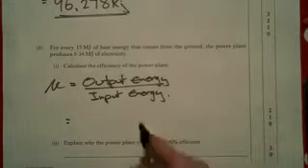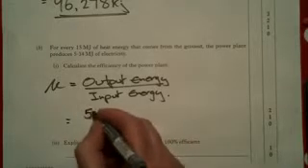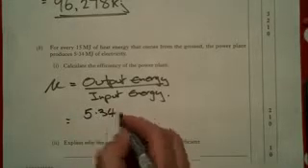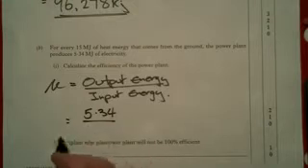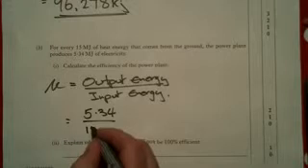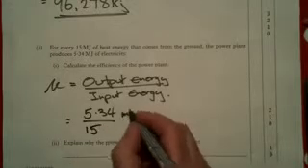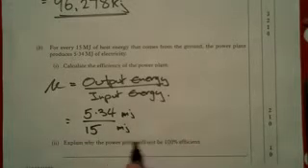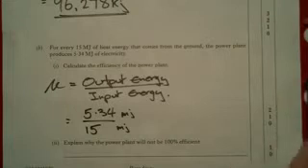The output energy is 5.34 because that's the output energy of the plant, and the input energy to the plant is what comes out of the ground, which is 15. Don't forget these megajoules because we need the units later.